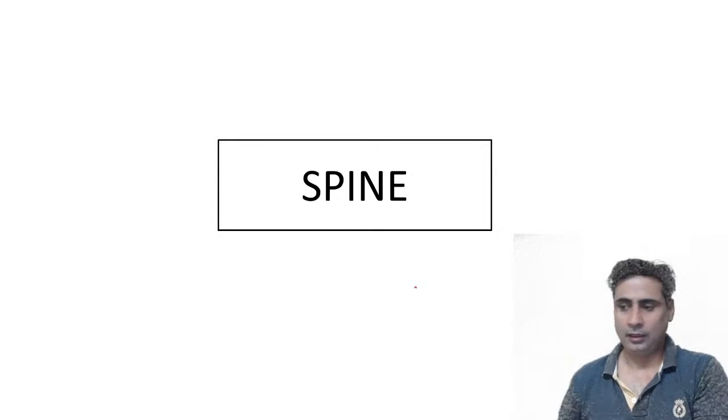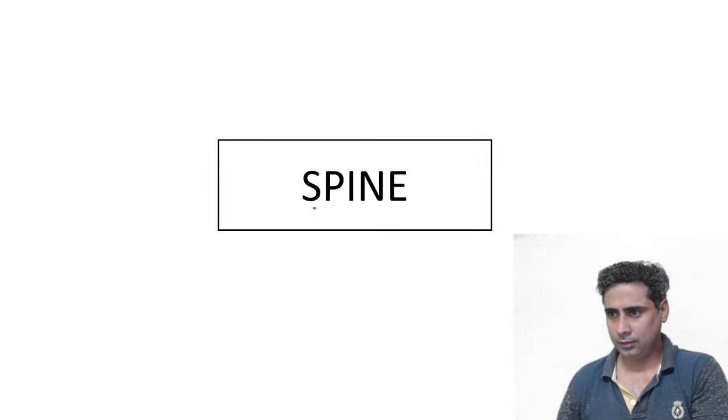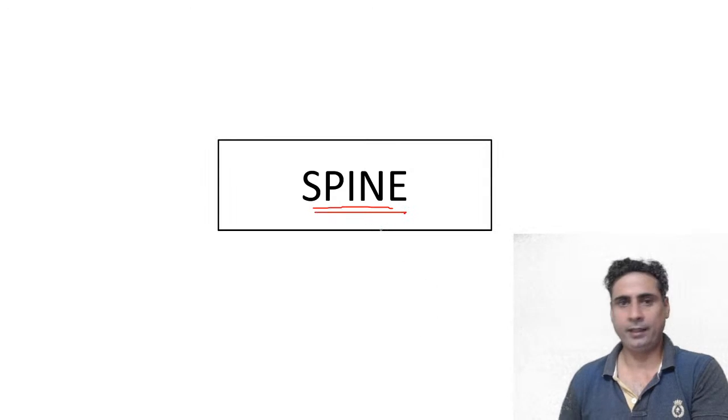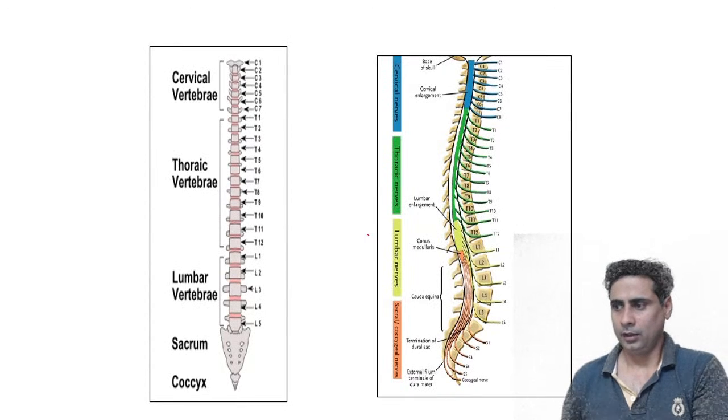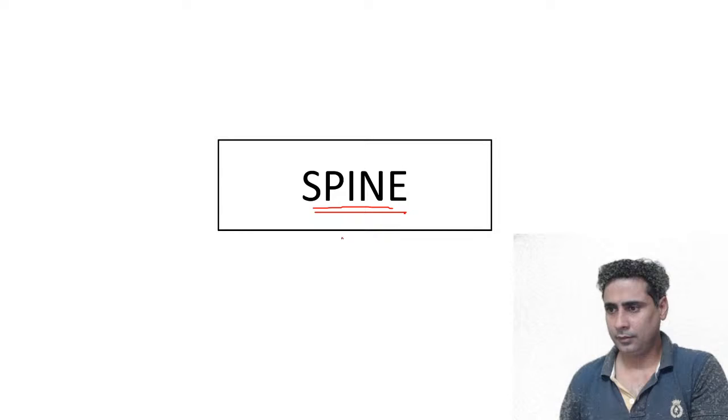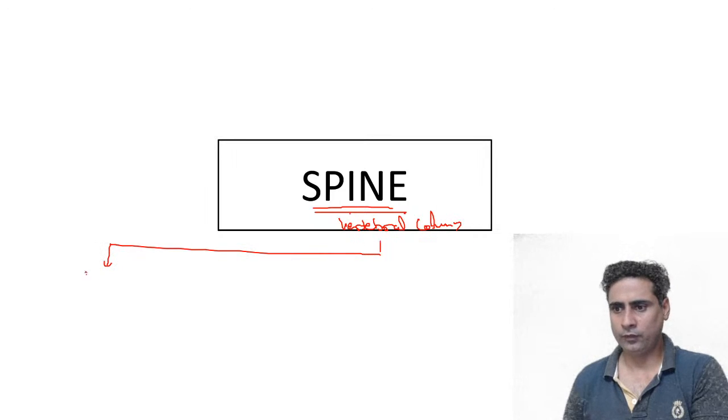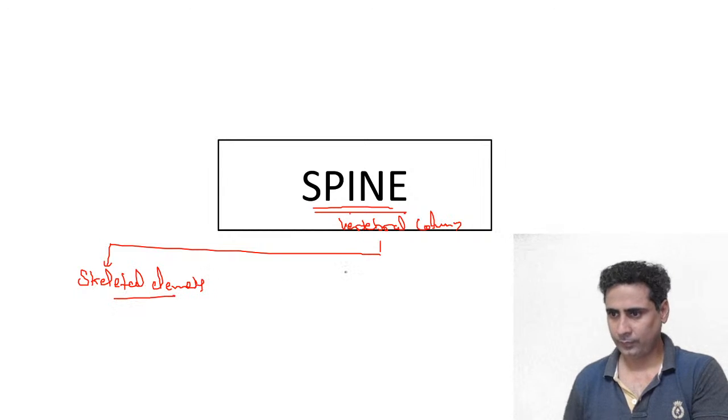Okay, so let's start with spine. Spine, also known as vertebral column or backbone, consists of two elements: skeletal elements and soft tissue elements.